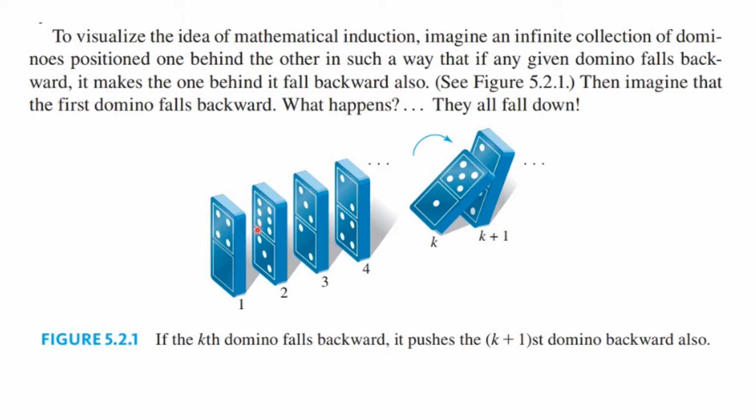So here's what happens. You tip this one over, it drops all these over, and for every integer k, if I knock over the kth one, the k plus first one falls too. And so what happens is all fall down. But here there were an infinite collection of dominoes. They all fall down.